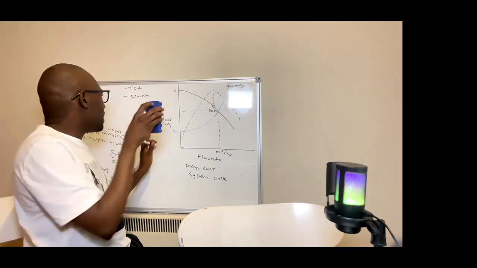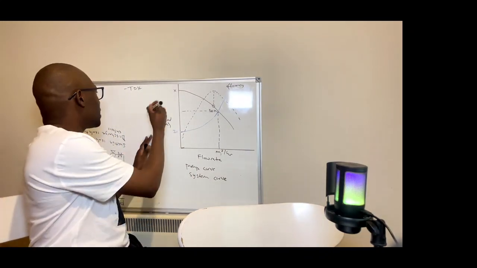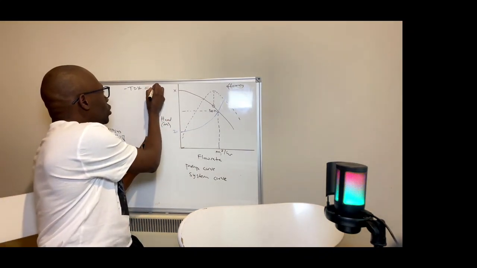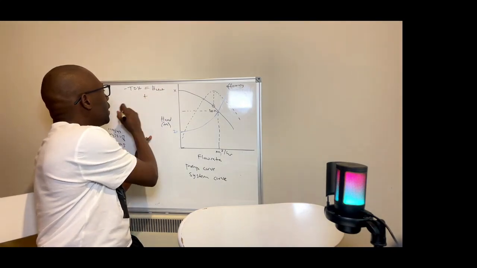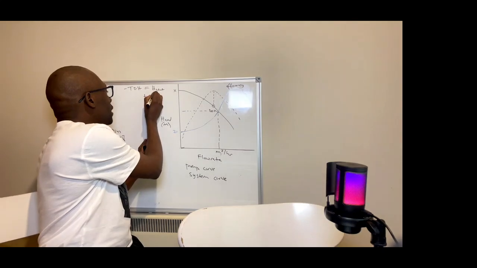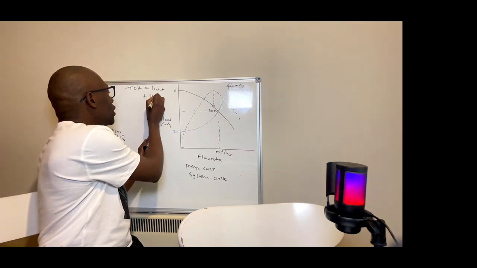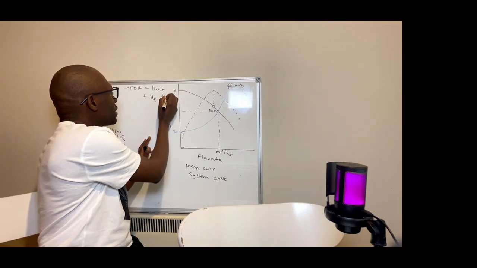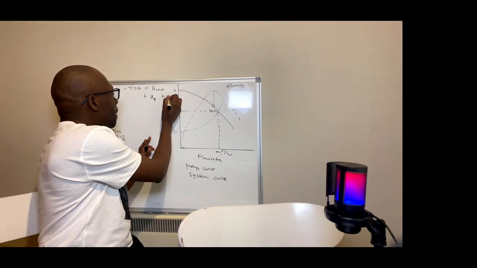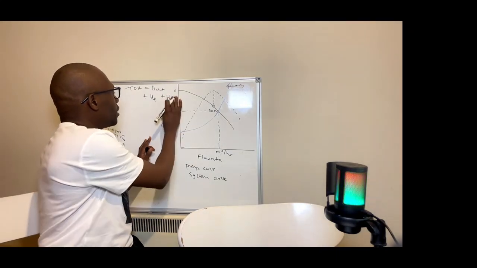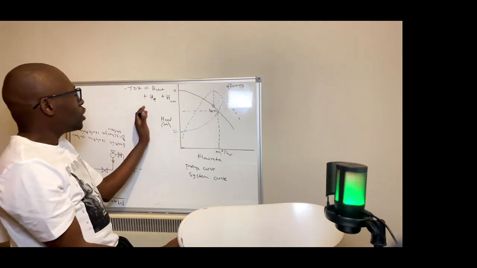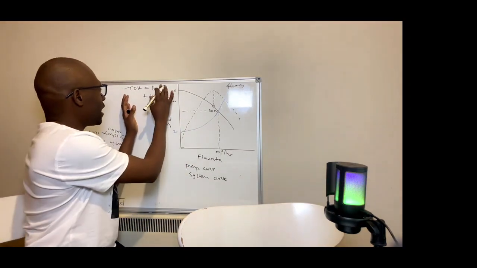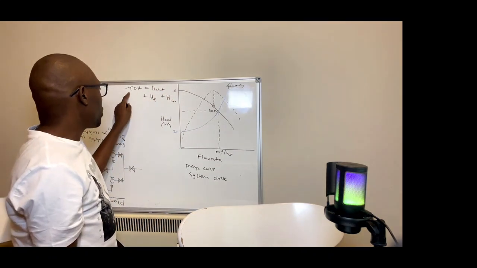Total dynamic head is essentially equal to the static head, H stat, plus the head losses due to friction, HF, plus the head loss due to minor losses, HLM. These are the three things that make up the total dynamic head.